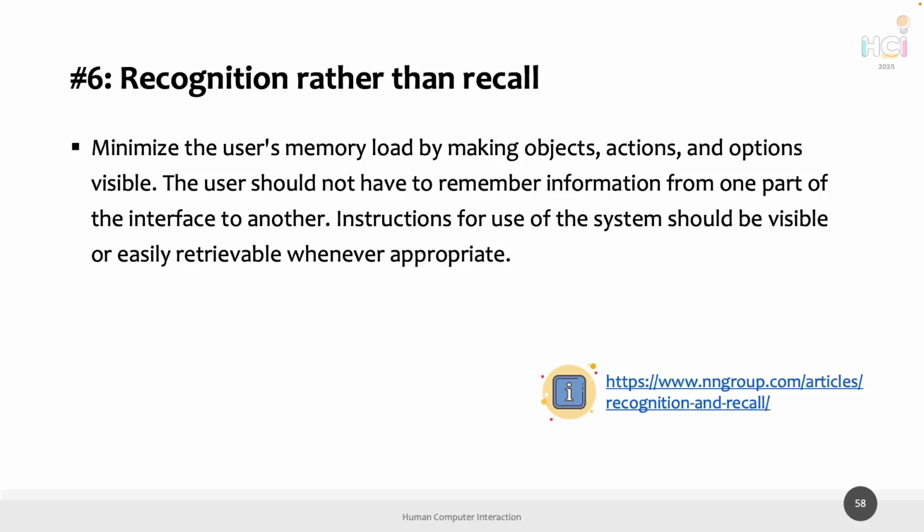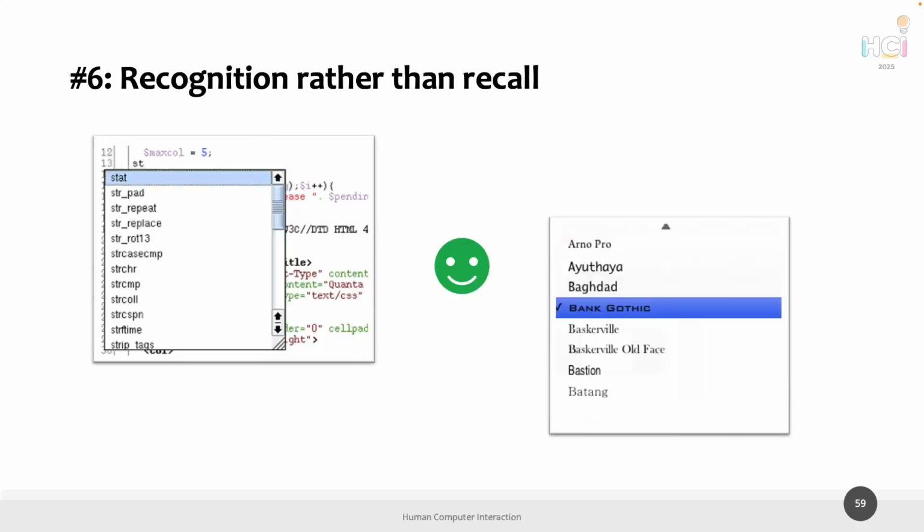Okay? Let's look at some examples. Here, for example, we have already seen this before. There is this preview of the font. I can recognize, instead of recalling it, the font directly from the menu. Okay, so it's an example of recognition rather than recall.